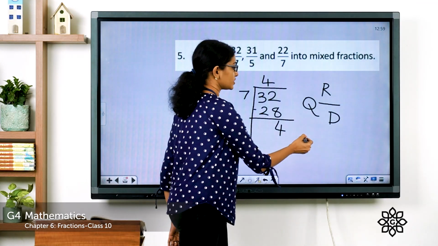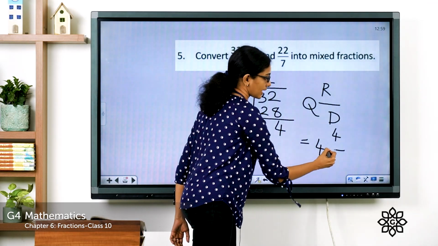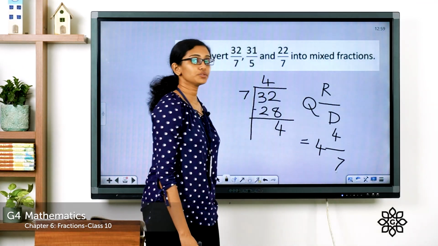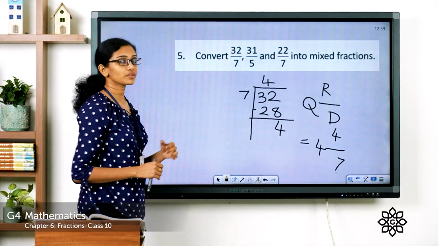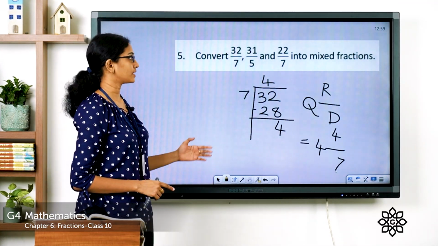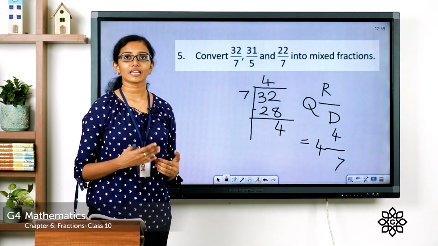The quotient is 4, the remainder is 4 and the divisor is 7. So 4 and 4 by 7 is the mixed fraction corresponding to the improper fraction 32 by 7. Similarly, complete the other 2 questions. You can do that in your notebook.